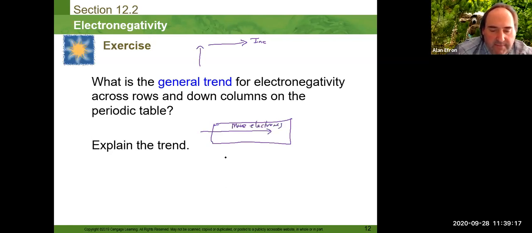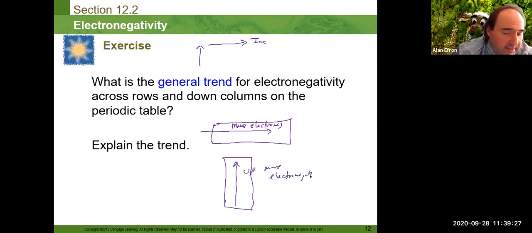And if you have some elements in the same group, further up should be more electronegative. And again, as I was talking about before, that means that you really don't need, in a lot of cases, those actual numbers. You could make a really good educated guess in terms of how the electrons are going to be shared. Questions on that there?